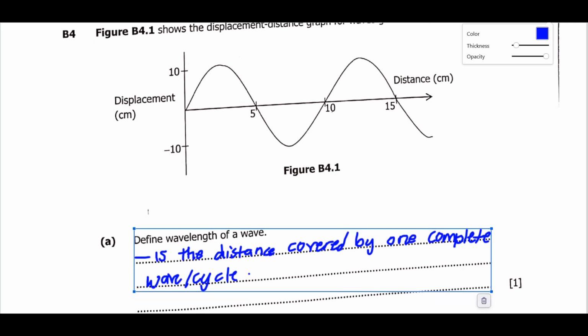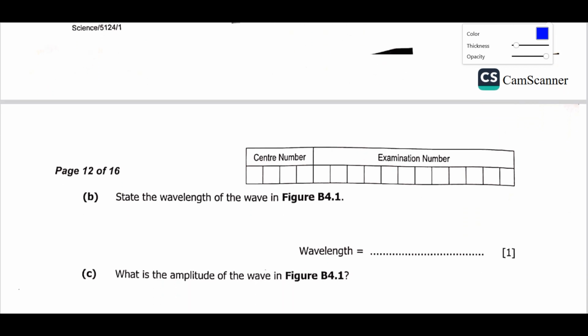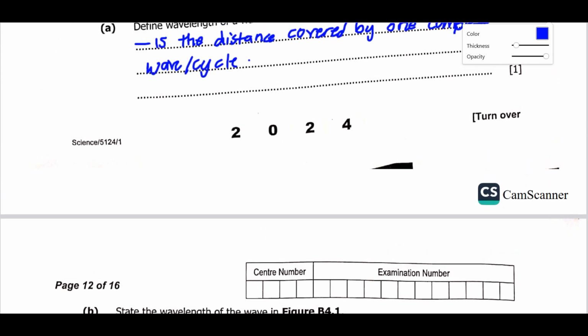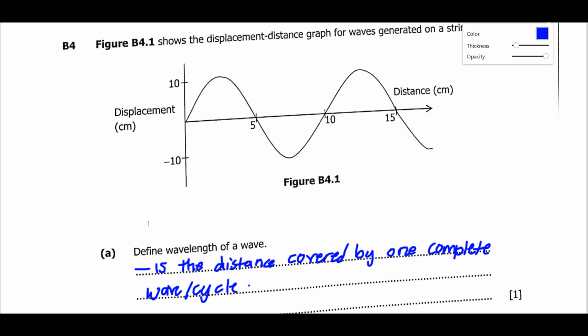So now let's move on to question B, we just want the wavelength of the wave. To answer this one, first we need to find how we count a wave. This part here is called the crest. Then this one here is a trough.